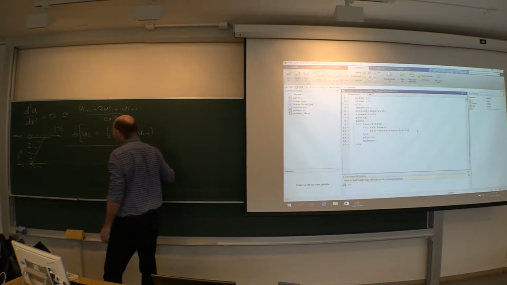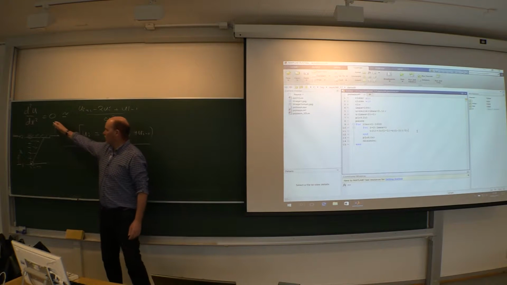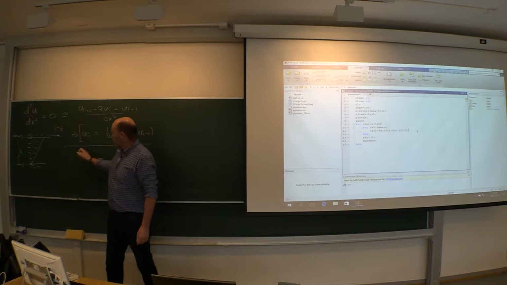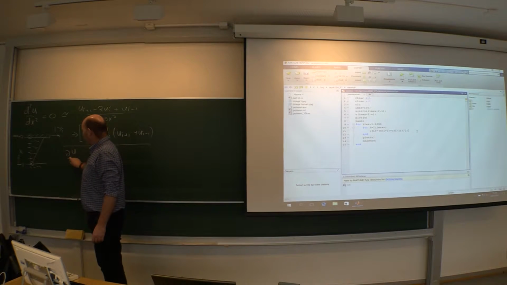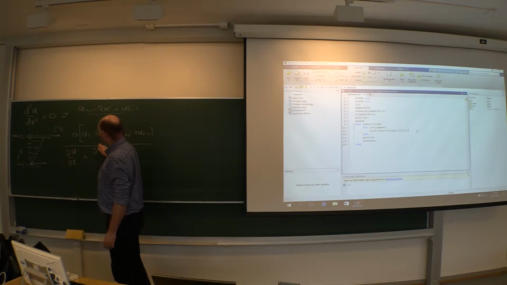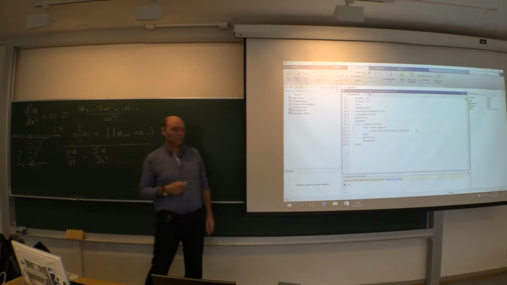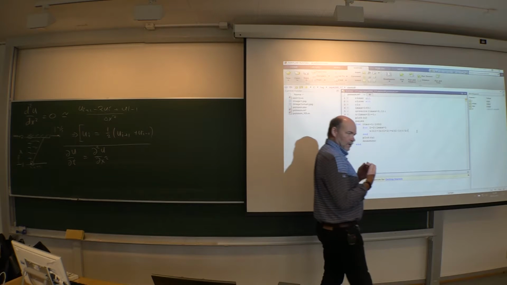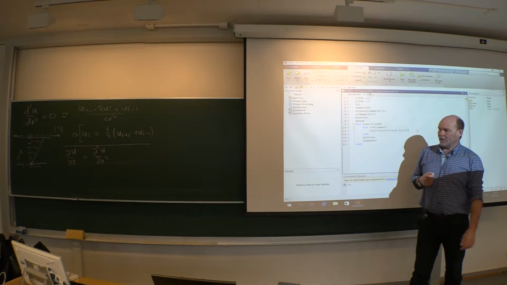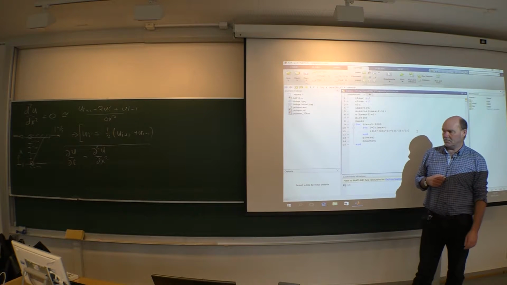So instead of the elliptic equation here, I write it in the form time derivative equals double derivative with respect to space. And then I just seek the steady state solution. That is actually an easy option.